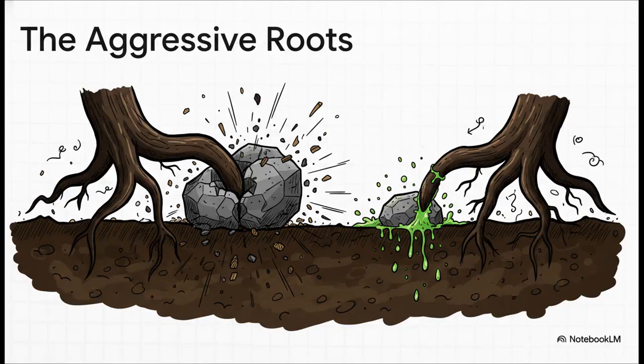So the tips of the roots are just constantly pushing forward, mining the soil for water and key minerals. They create this incredible pressure, enough to just mercilessly split rocks and crack sidewalks that get in their way. And to get what they need, they actually secrete powerful acids to literally dissolve minerals right out of solid stone. It's this violent, chemical, powerful process happening right under our feet all the time.